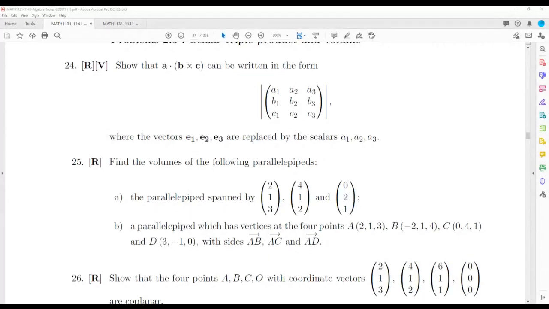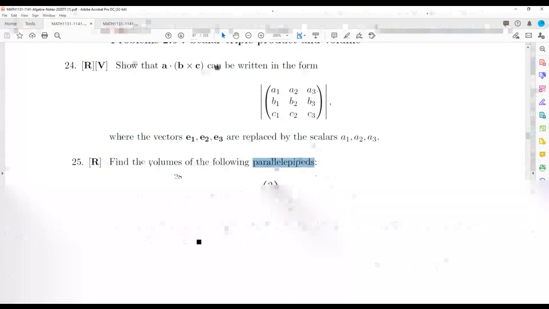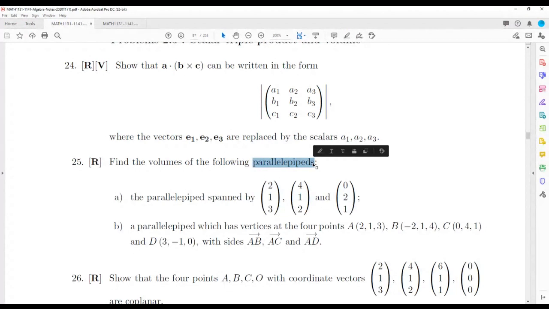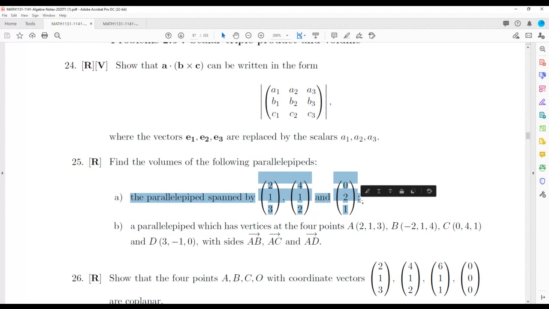All right. Scalar triple product. Find the volumes of the following parallelepipeds. So some people say parallel pipes. I say parallelepipeds. You can say it however you want to say it. Okay. Now, the scalar triple product can be used to measure the volume of a box, right?